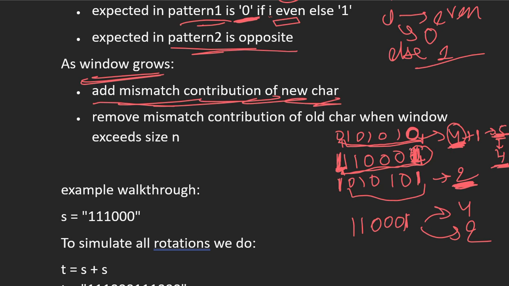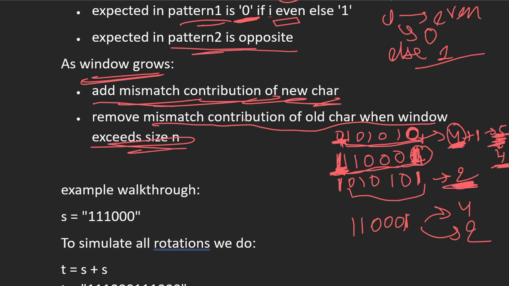And after checking the new character, we will check the character that we have removed from the window, whether it was a mismatch or match. If earlier it was a mismatch, we reduce our total mismatch count by 1, but if it was a match we won't be changing anything, right? Remove mismatch contribution of old character when window exceeds size n.